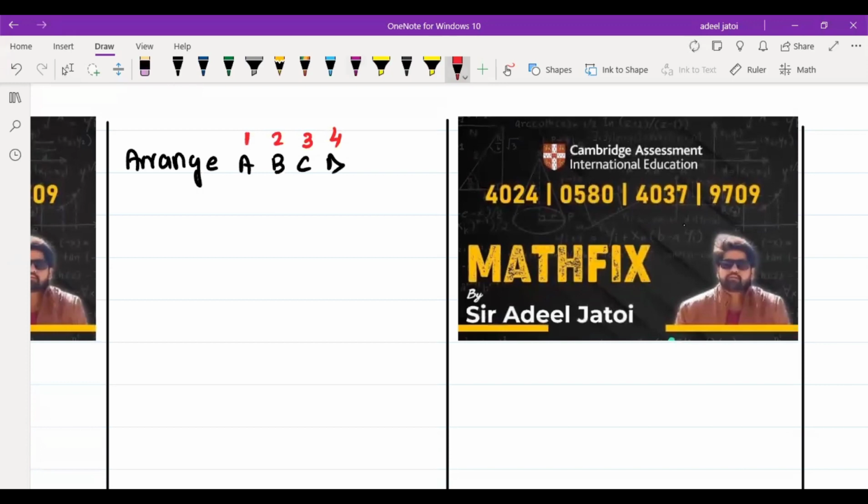We apply 4 factorial, which is 4 into 3 into 2 into 1. The answer for this will be 24 ways. 4 factorial can also be done through the calculator.